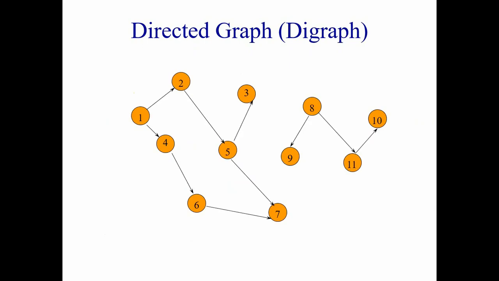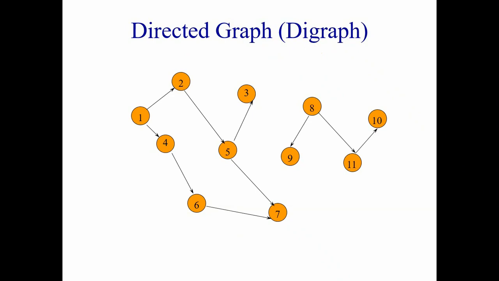And the following shows you the directed graph. Each edge has an arrow. Another term for a directed graph is digraph. Digraph is another term to show the graph has directions.